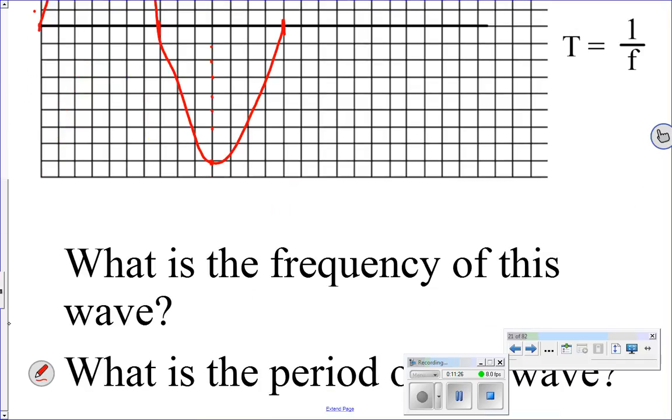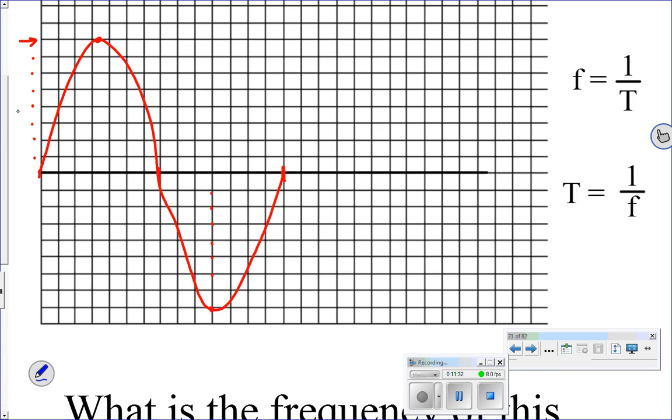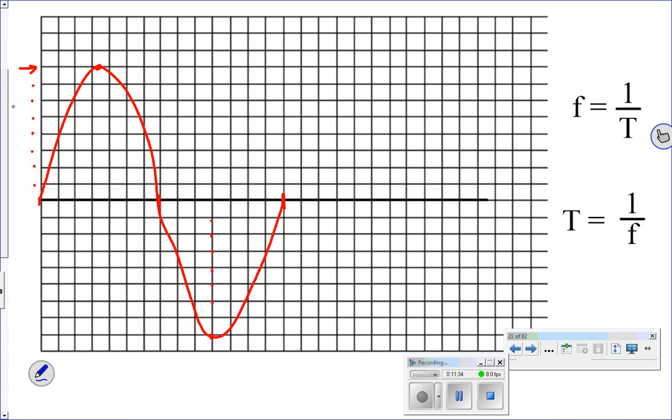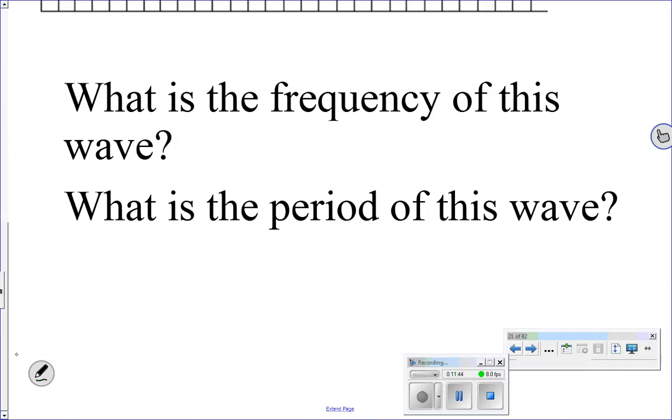So again, I'm going to do period first. So period is my number of seconds it takes for this wave to go by. Every block is 0.5 again. So this is 1, 2, 3, 4, 5, 6, 7. So this took 7 seconds. And you absolutely do need that unit of seconds with that.